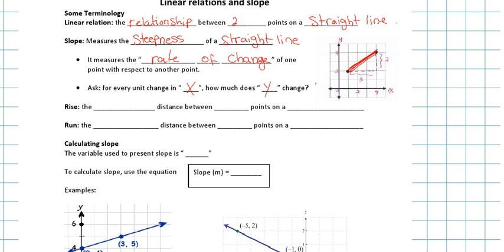In other words, I have to look at my rise and the run. I have to look at the rise from the one point to the other and the run from one point to the other.